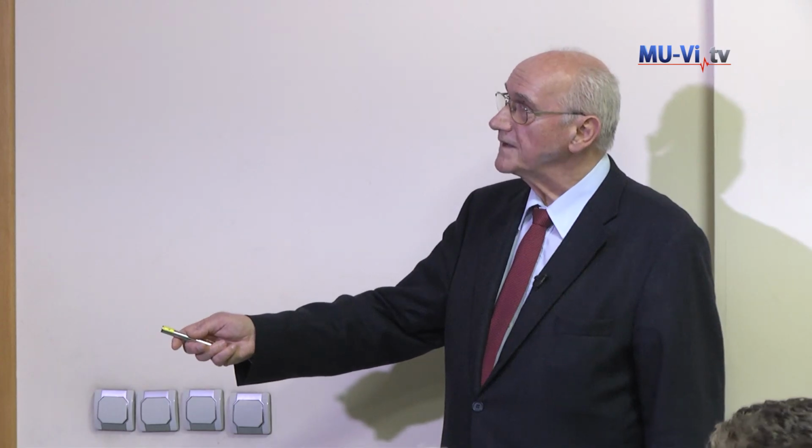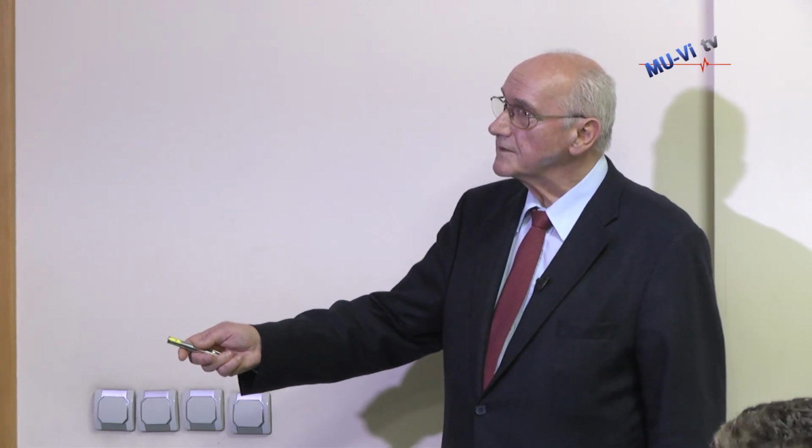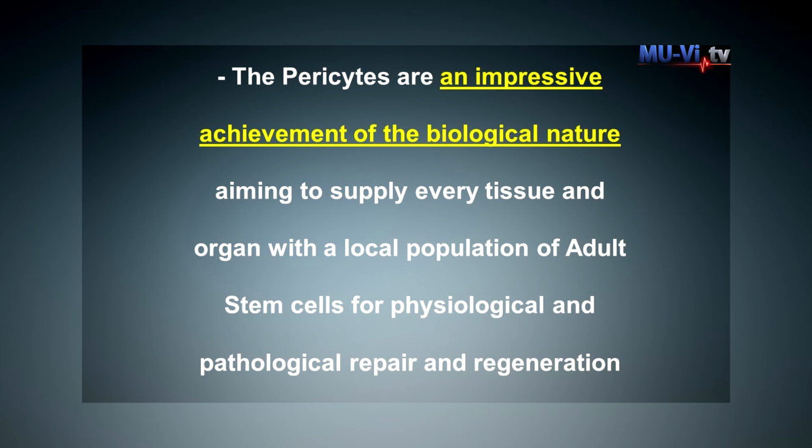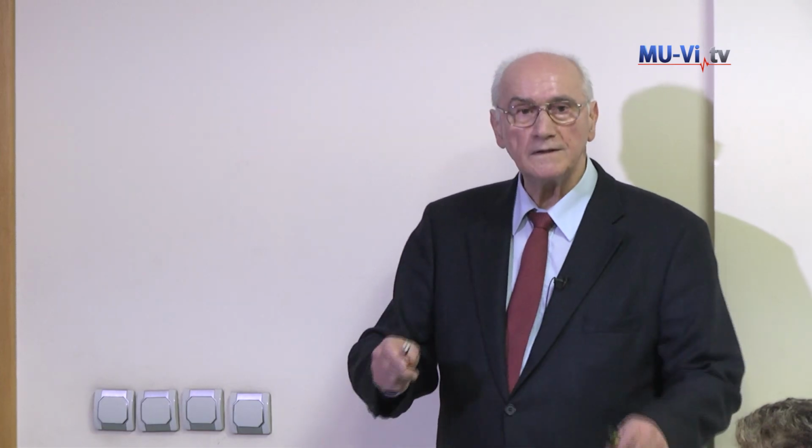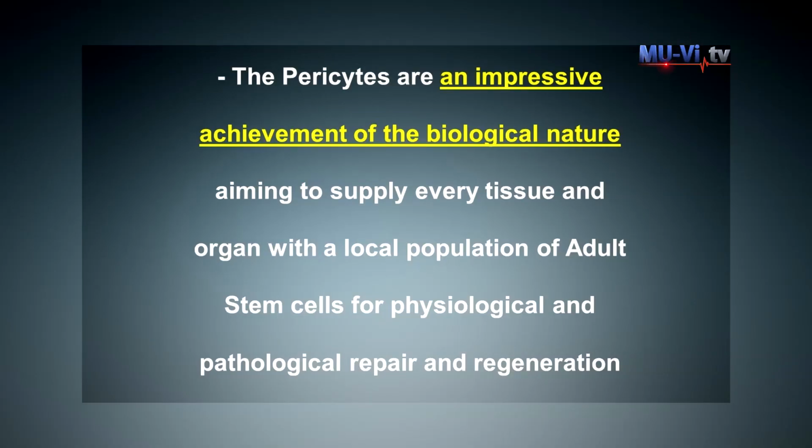This is a conclusion that shows the pericytes are a very impressive achievement of biological nature. The aim of these cells is to supply every tissue and every organ with a local population of adult stem cells, which are needed for the physiological and pathological repair and regeneration of these tissues.